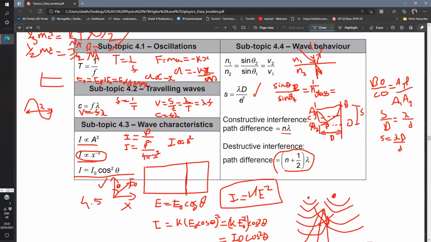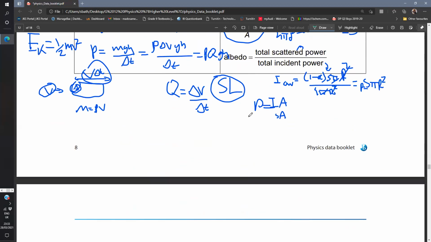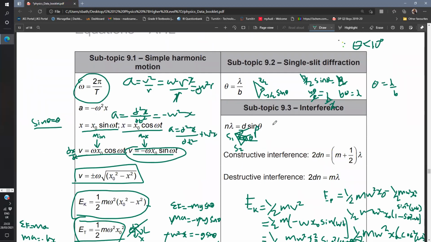So d sine theta is equal to n lambda. Okay, but however, in this part we also have an equation that's not given, so we say sine theta equals theta.